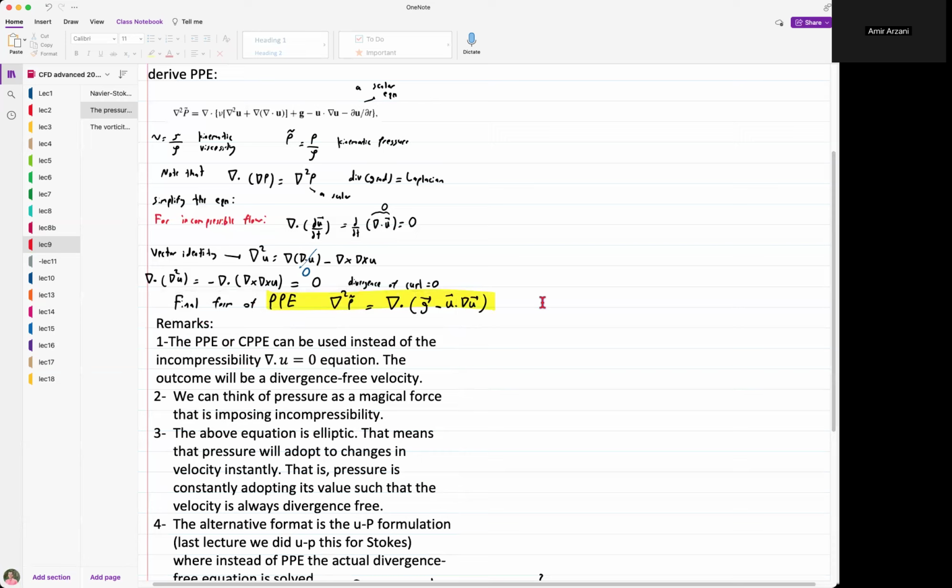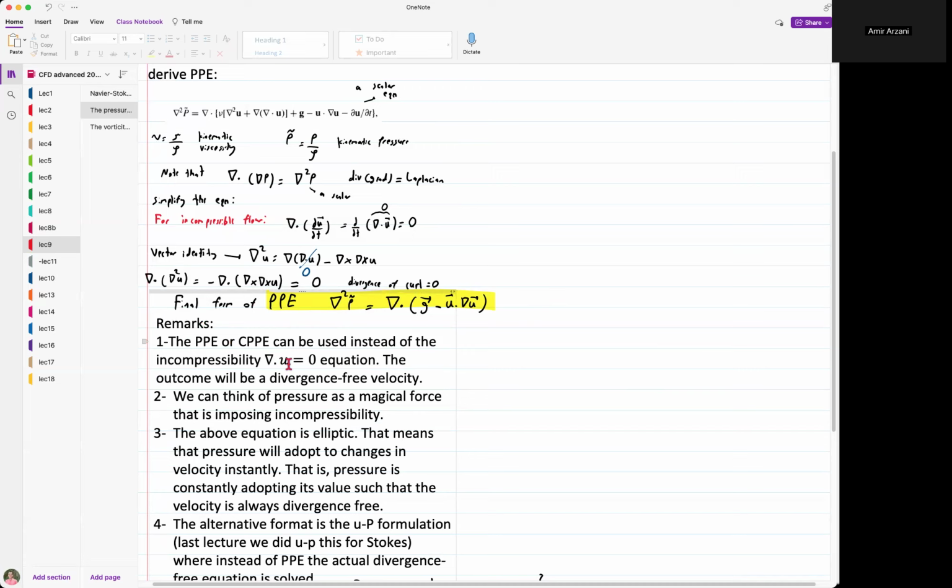Actually, the interesting thing numerically is that if you use this equation and enforce it, you're kind of indirectly enforcing incompressibility. If you make sure that pressure is obtained such that this equation is satisfied, you're ensuring that the divergence-free condition is satisfied. And this is actually a little bit more natural, perhaps, compared to the coupled UP method we talked about before.